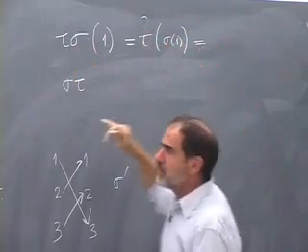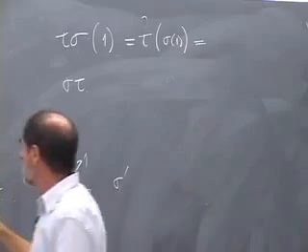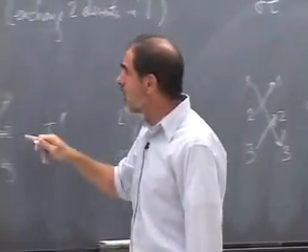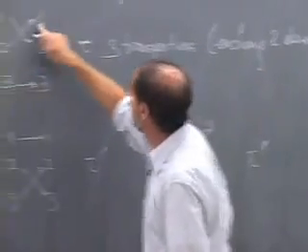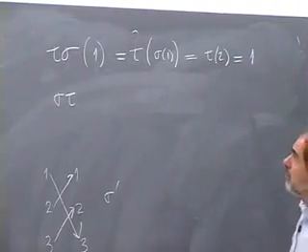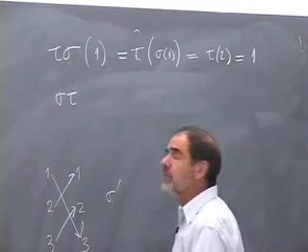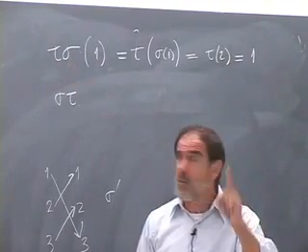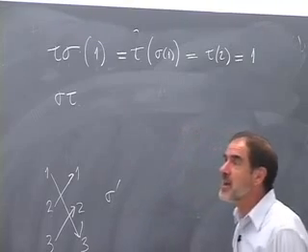Sigma of 1 is, by definition, 2. Right? And tau of 2 is 1. So this permutation, whatever it does, it fixes 1. Now I can tell you right away what it is.